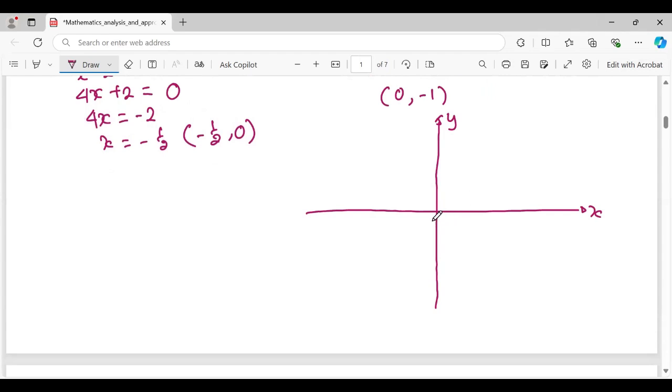We need to sketch the asymptotes first. x equals 2, we need to create the straight line here. Okay, this is x equals 2. And then y equals 4, around here.